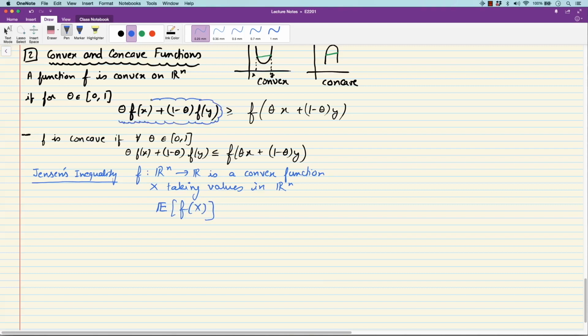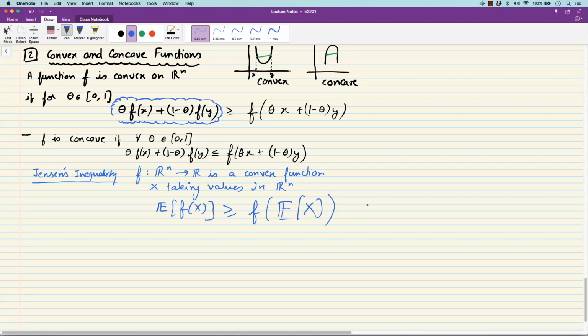Average of values, with probability theta takes value x, with probability 1 minus theta takes value y. This is greater than or equal to f of the expected value. Okay, average of values is more than value at average.